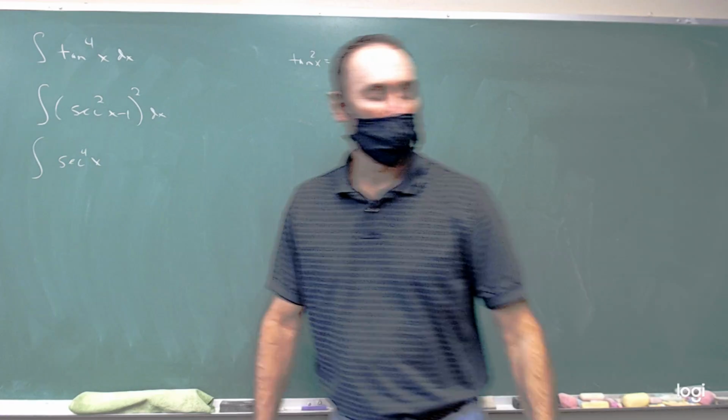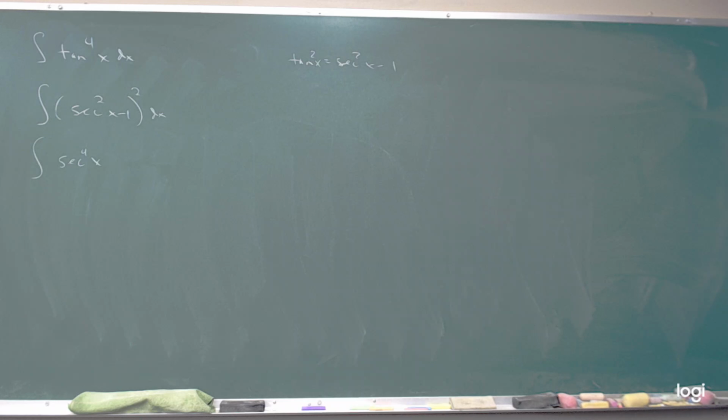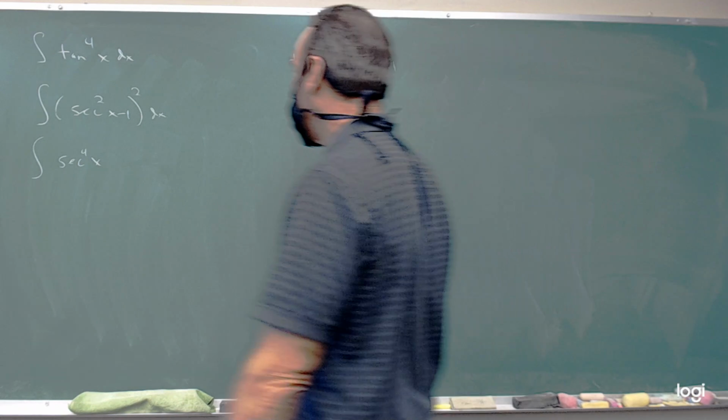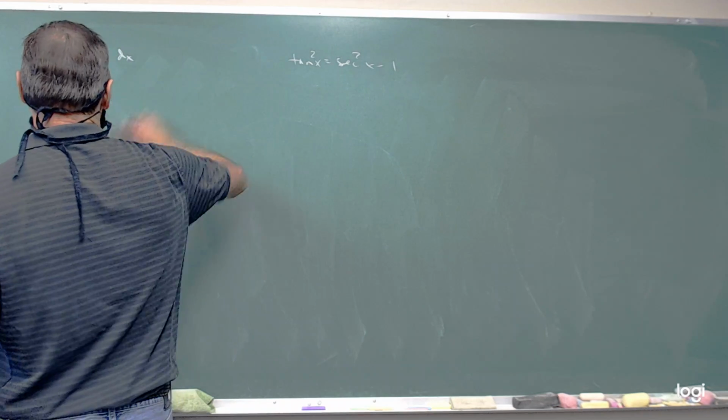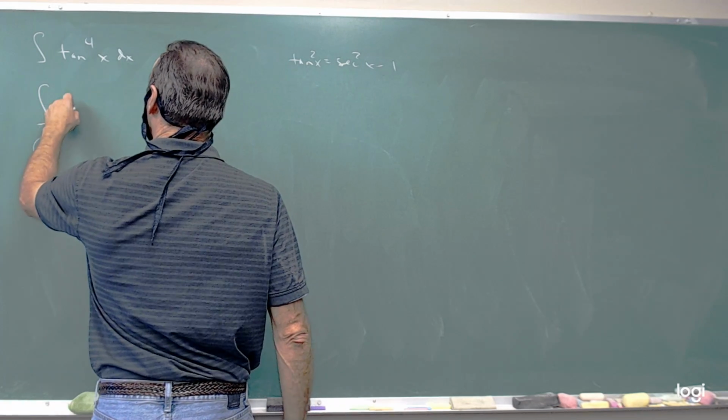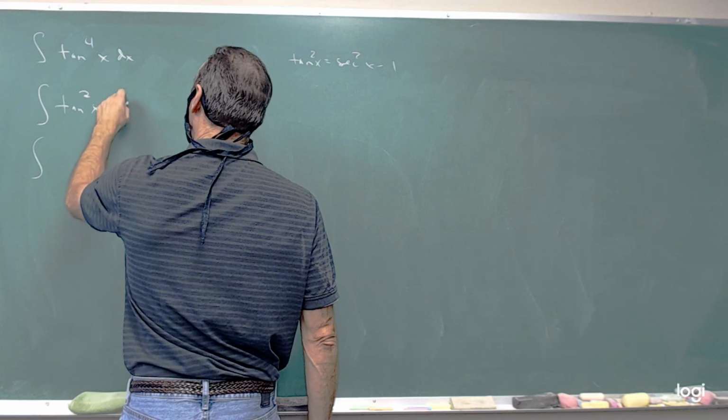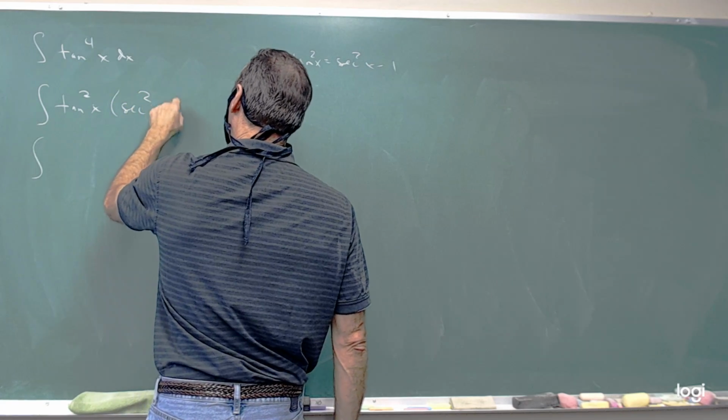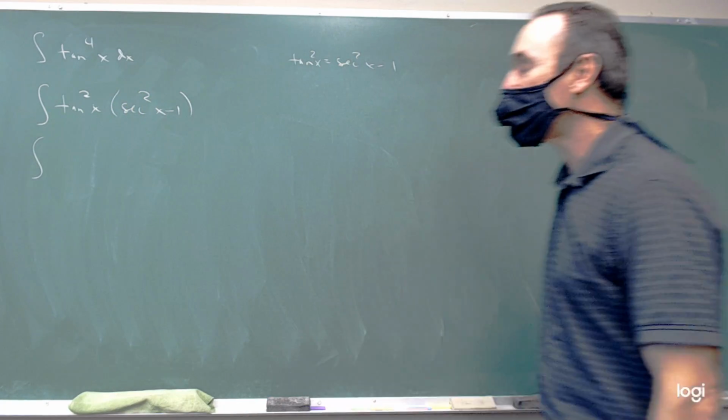Or maybe we do, let me check. Oh, I think we only want to trade one of them in, not both. Well, so you get to, oh, that makes more sense. One at a time, one at a time.